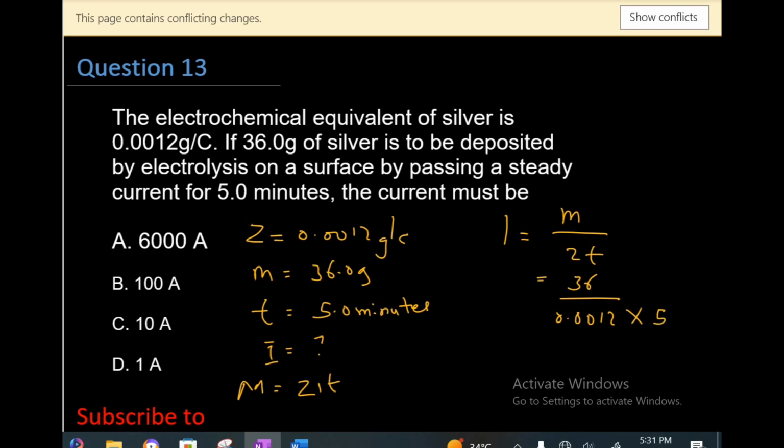We have to take 5 minutes to seconds, that's 5 times 60. When you multiply this and then divide 36 by the answer, you're going to have your answer as 100 amps. So that's the value of the current. So option B is the correct answer.